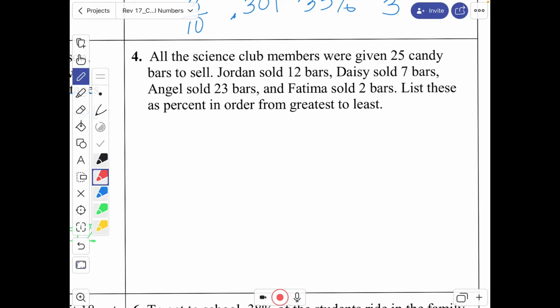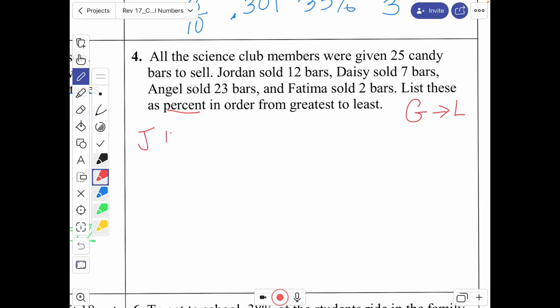All the Science Club members were given 25 candy bars to sell. Jordan sold 12 bars, Daisy sold 7 bars, Angel sold 23 bars, and Fatima sold 2 bars. List these as percent in order from greatest to least.